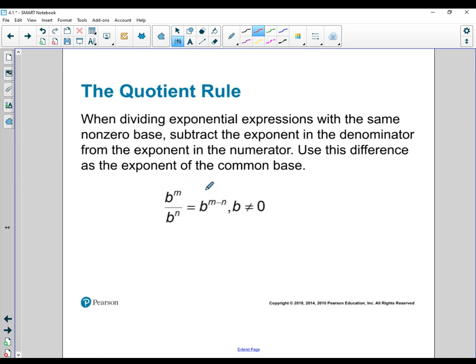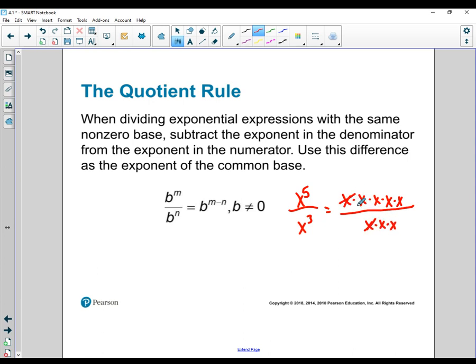Okay, and then kind of going the other way, when we're dividing, that was multiplying with the same base. Now when we're dividing with the same base, we subtract the top and the bottom. And they say b can't be 0 here because you can't divide by 0. World blows up, you start World War III, something bad happens. And that's kind of for the same reason. If you have x to the 5th up top and x to the 3rd on the bottom, then what this really turns into is x times x times x times x times x, that's x to the 5th, x times itself 5 times, and then x times itself 3 times.